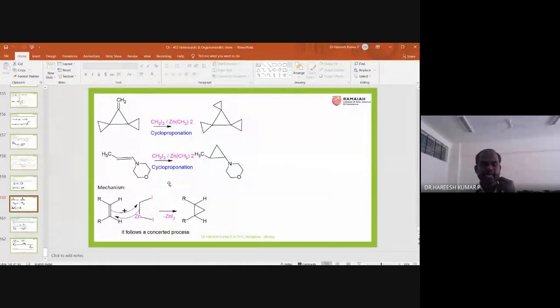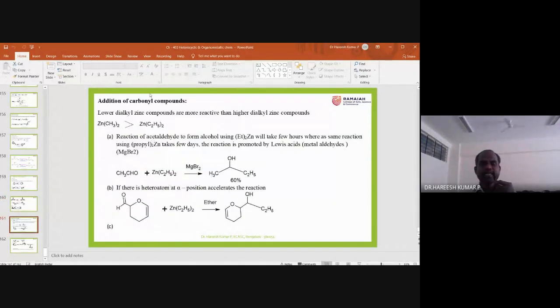Next is about a few more reactions of organozinc that I am discussing. Look here, addition to carbonyl compounds. That means when this organozinc is added to the carbonyl carbon.